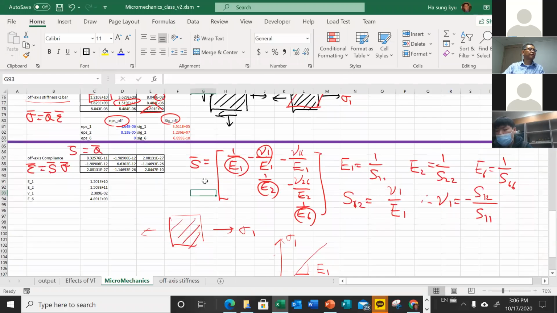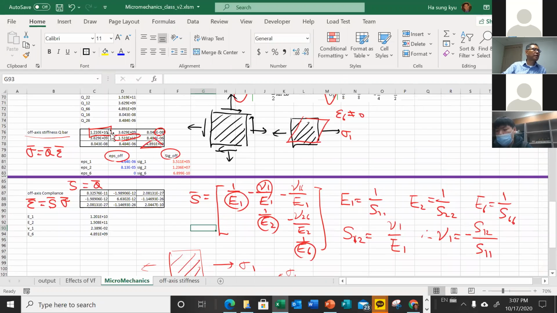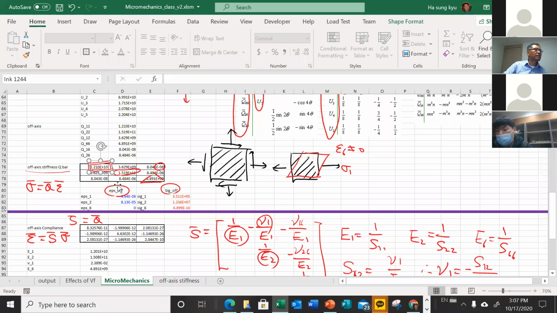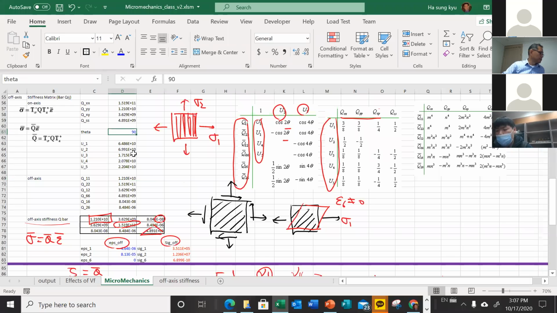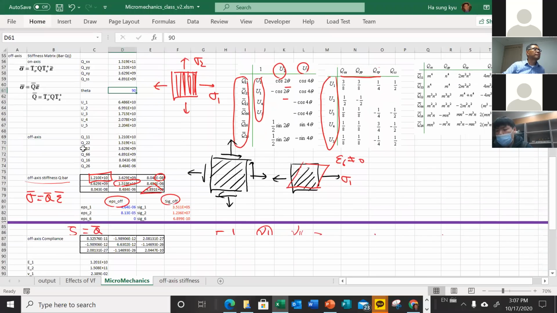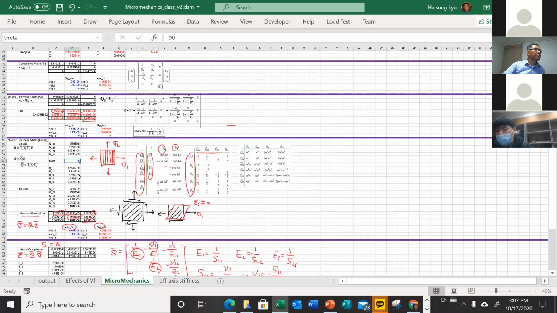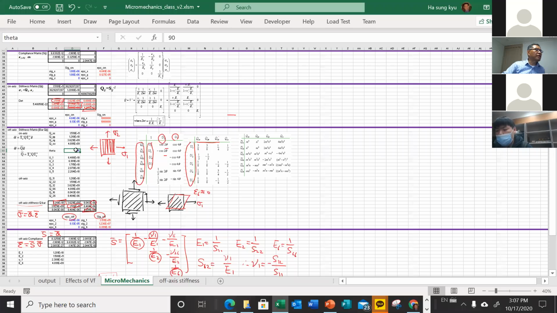Okay. So first, let's see how this value is changing along with this angle. If we change this angle, say angle 0, pay attention to these terms.